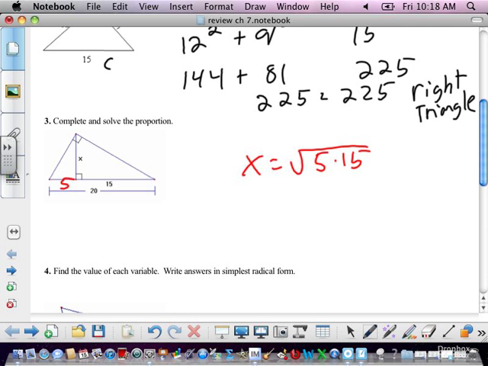It's called the geometric mean. And we get approximately 8.6. 8.7 if we round to the nearest 10th.